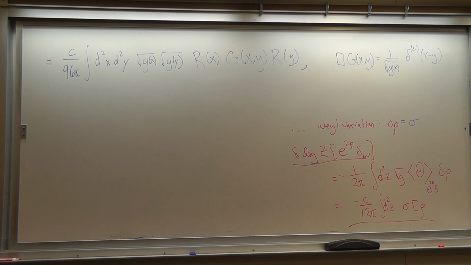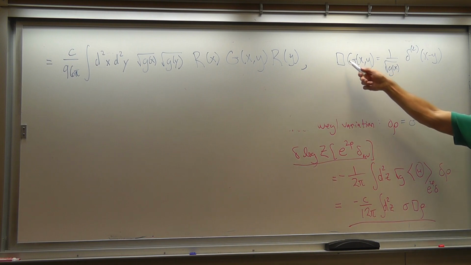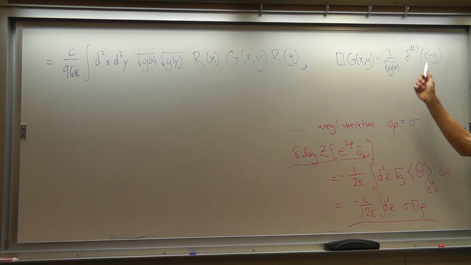That's just what 1 over box means. You can see why it makes sense, because if I divide by box and plug it back in, I get back Polyakov's fancy way of writing it.